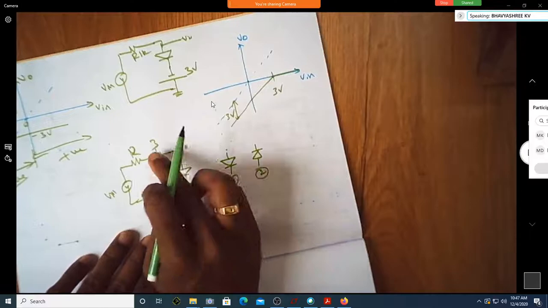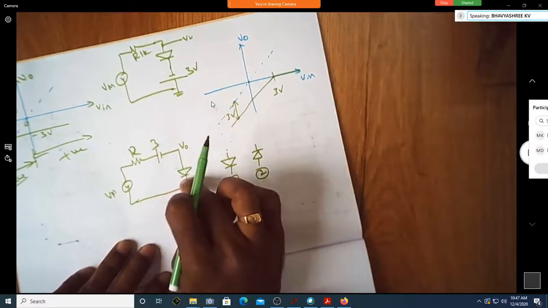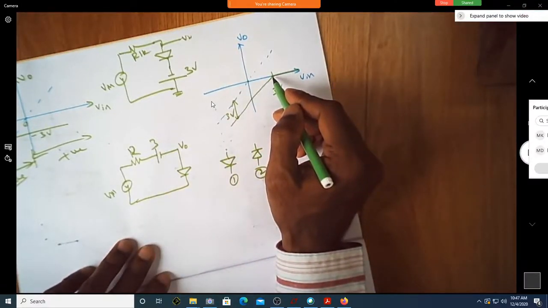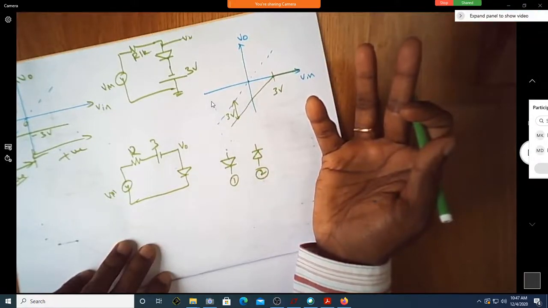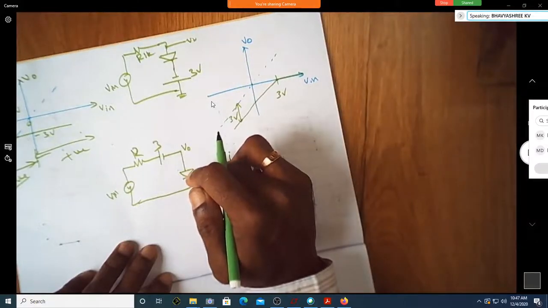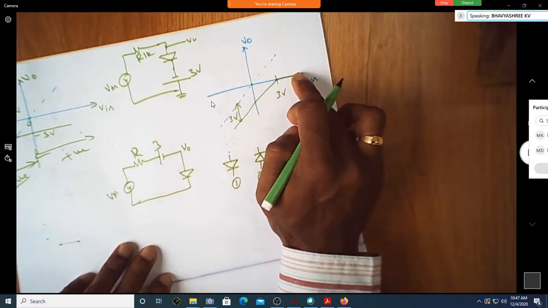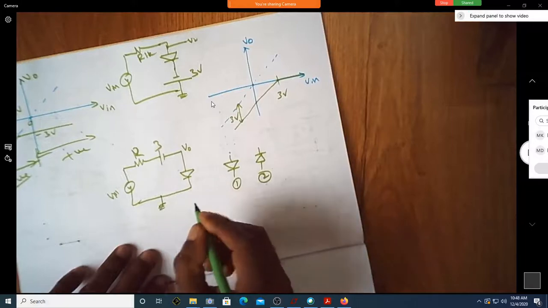If it is off, the output voltage is input minus 3, which is this. This is true even during positive half cycle up to 3 volts. If it is above 3 volts, this turns on. When this turns on, output voltage is 0. So that's what you're getting. Correct?